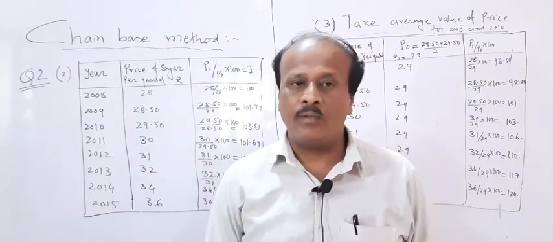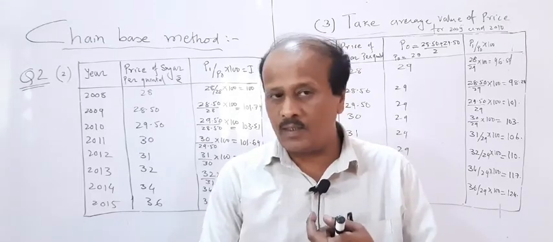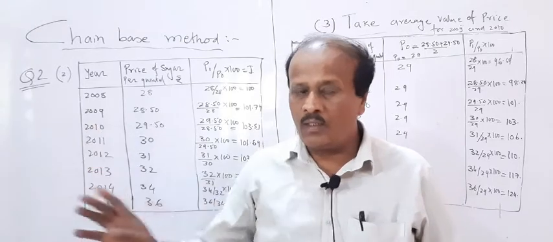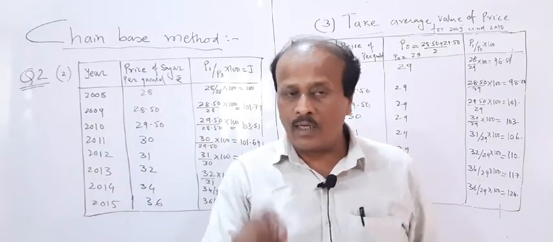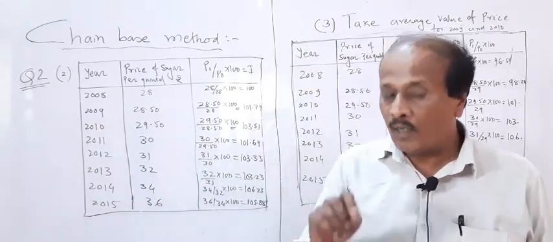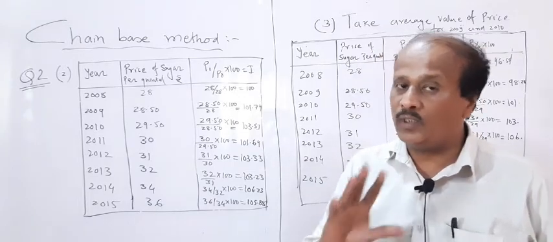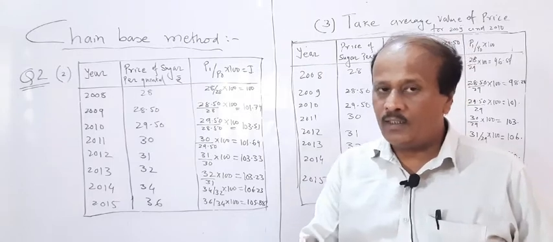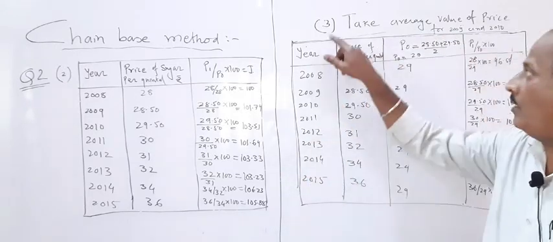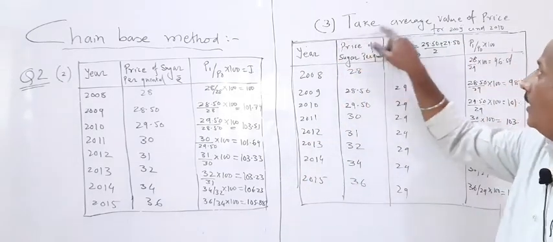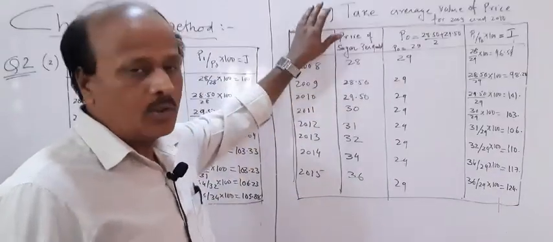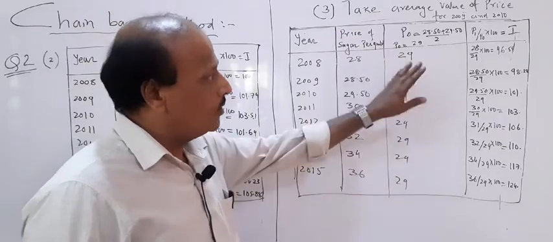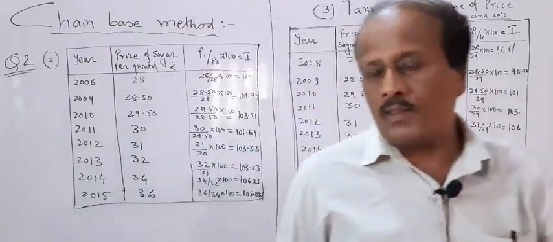So come on, question number 2: first part, fixed base method, it's over. Chain based method, it's over. Now the third part is to take the average price value of sugar for 2 years. In some questions they can ask you for 3 years, and the years will be given to you. For example, the third part of this question number 2 is to take the average value of price for 2009 and 2010.